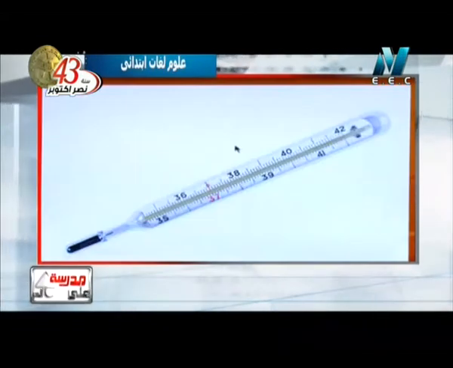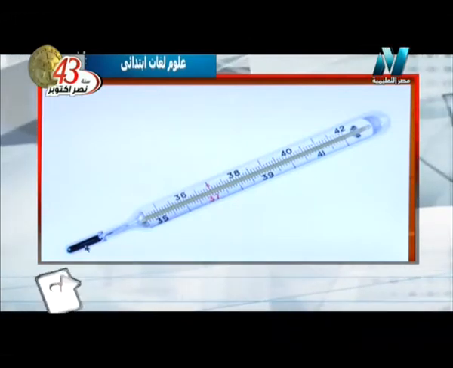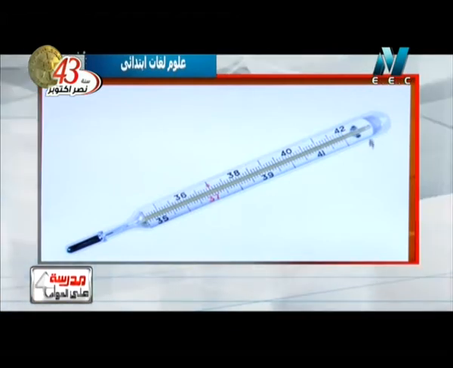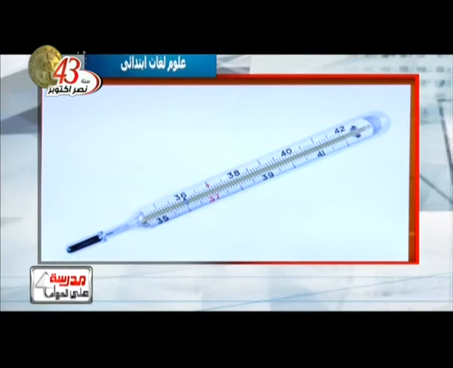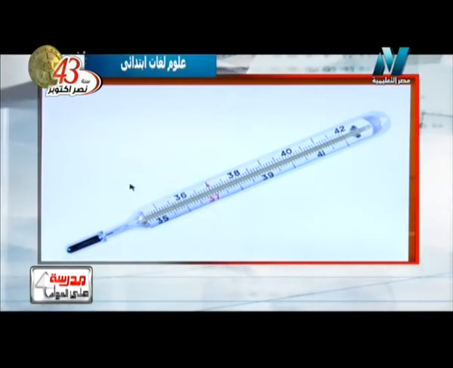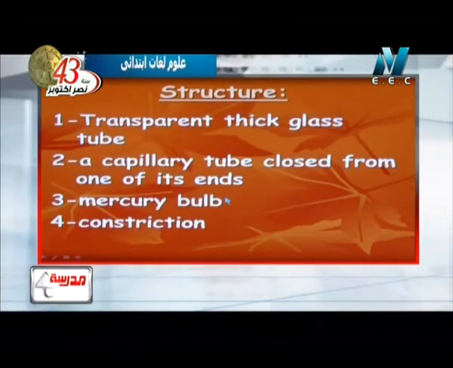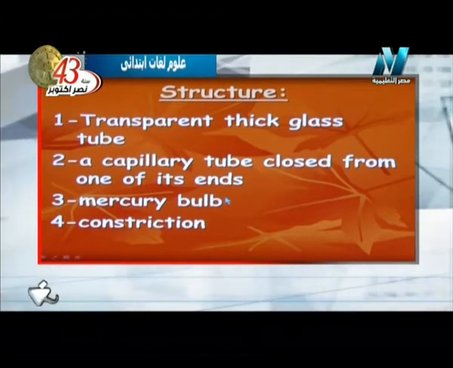Okay, so now another picture for the medical thermometer. You see that it begins from 35 Celsius and ends at 42 Celsius. And now we will study all things about the medical thermometer. So the medical thermometer structure, what is it? Number one, it consists of a transparent thick glass tube.